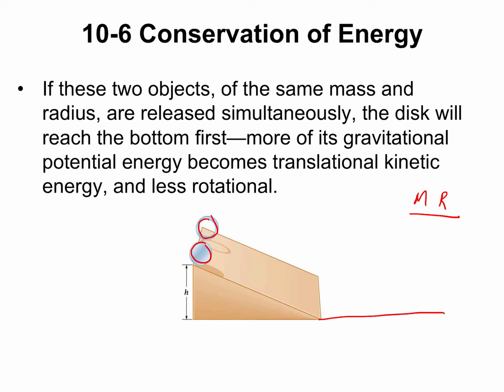At the top, you have potential energy mgh. When you roll to the bottom, we only have kinetic energy, equal to 1/2 mv square plus 1/2 I omega square, and omega here equals v over R.